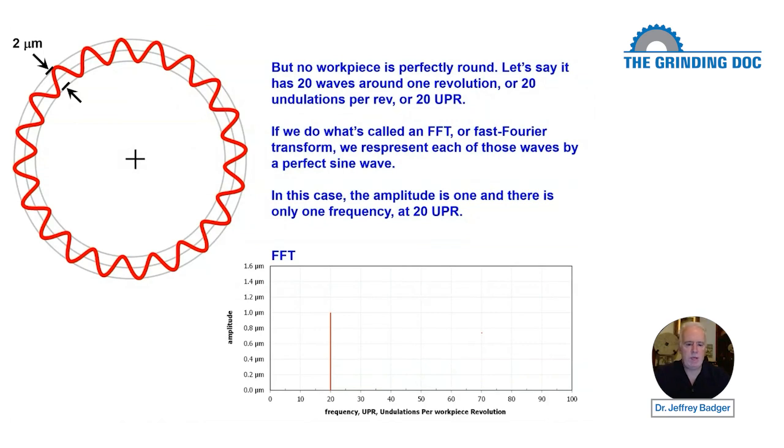You'll have one peak. It'll be 1 micron high because that's how big your sine wave is. The amplitude is 1 micron up, 1 micron down for a total amplitude of 2 microns. So we're going to represent that as a perfect sine wave with an amplitude of 1 micron and a frequency of 20 waves per revolution of the workpiece. Okay, let's go to the next step.